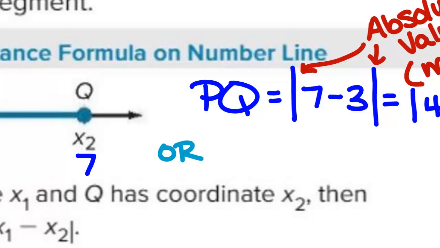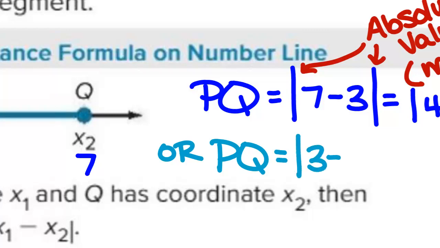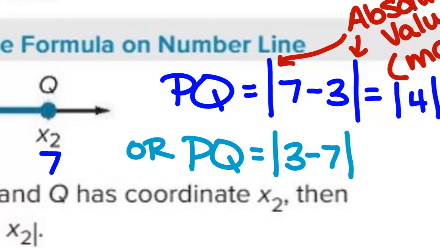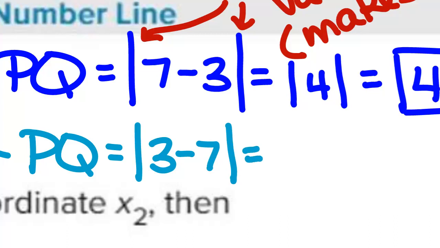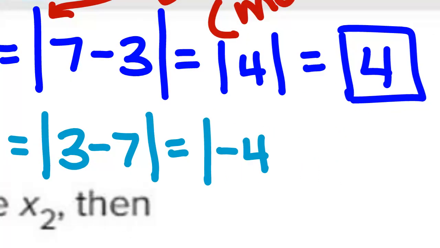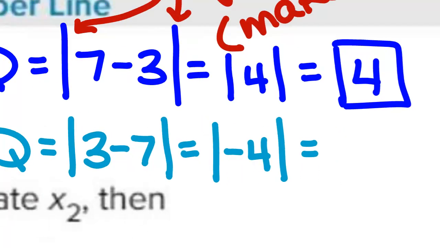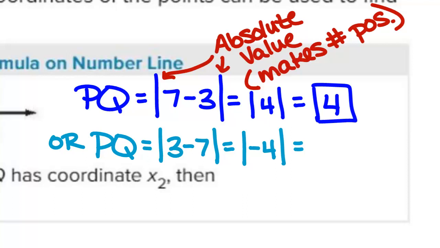It does not matter which order I put these points in. I could flip it around the other way and do 3 minus 7 instead of 7 minus 3. Does anybody know what 3 minus 7 is? Negative 4. And the absolute value of negative 4, this is the distance away from 0 on the number line.